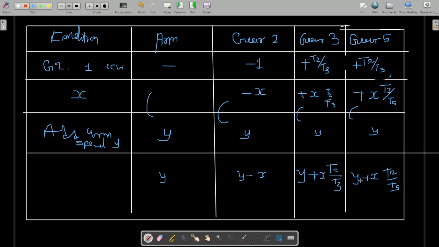Okay, got it. This is the equation of total rotation.